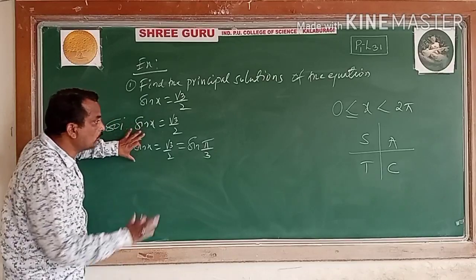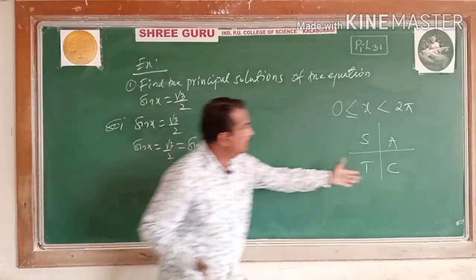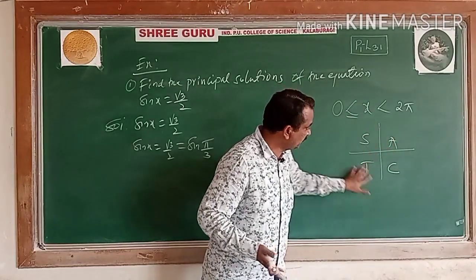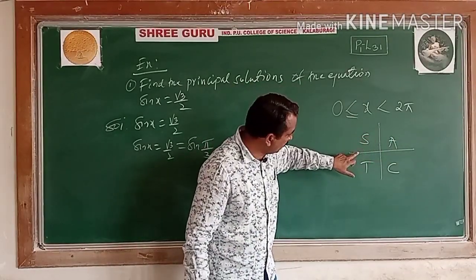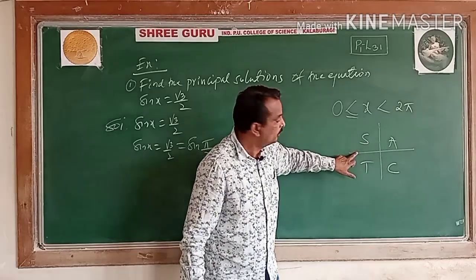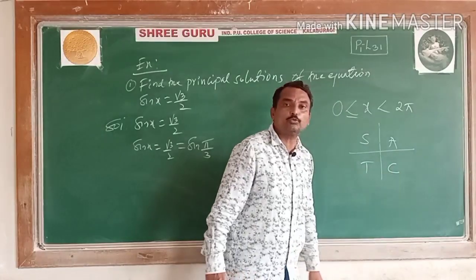So is it only one value, or does one more value exist in the interval 0 to 2 pi? First quadrant 0 to 90, second quadrant 90 to 180, third quadrant 180 to 270, fourth quadrant 270 to 360.